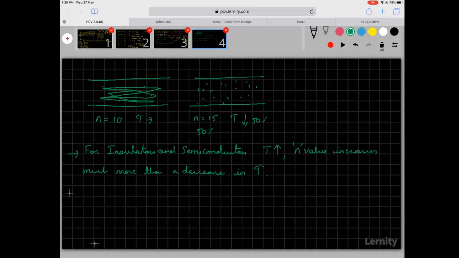On the other hand, for conductors, the N value is already high. So if you increase the temperature, the N value does not increase significantly.